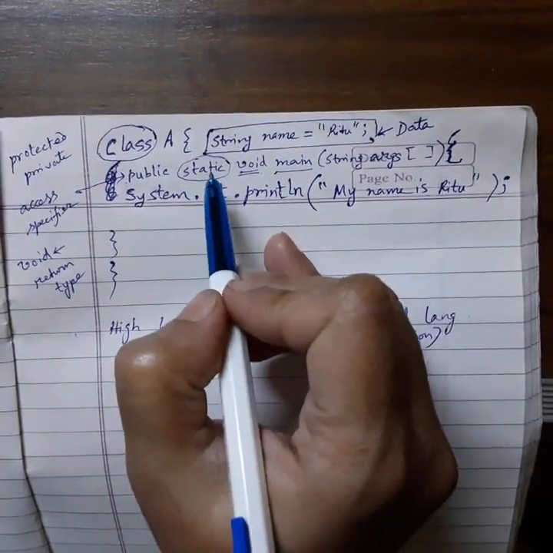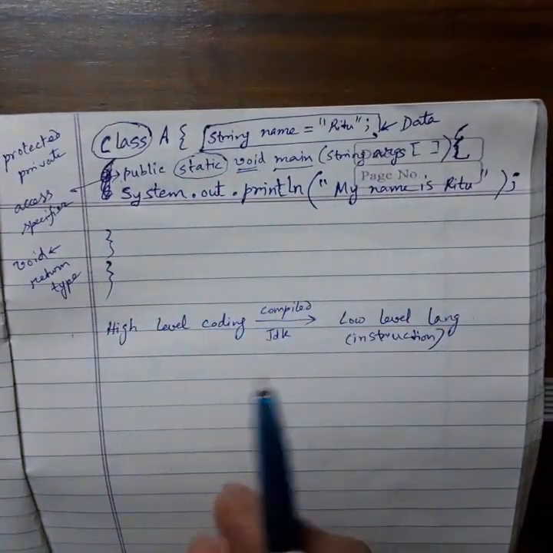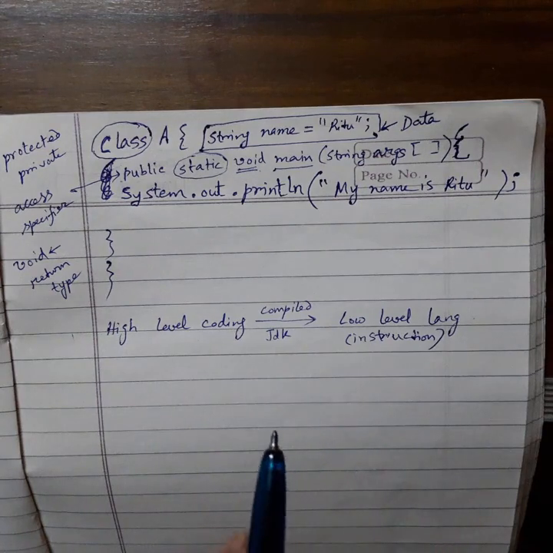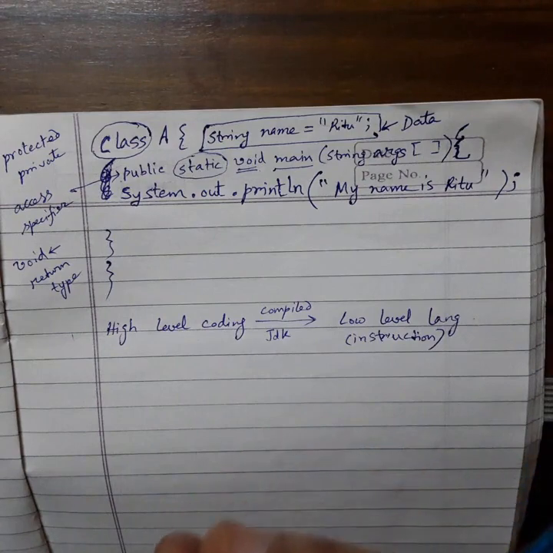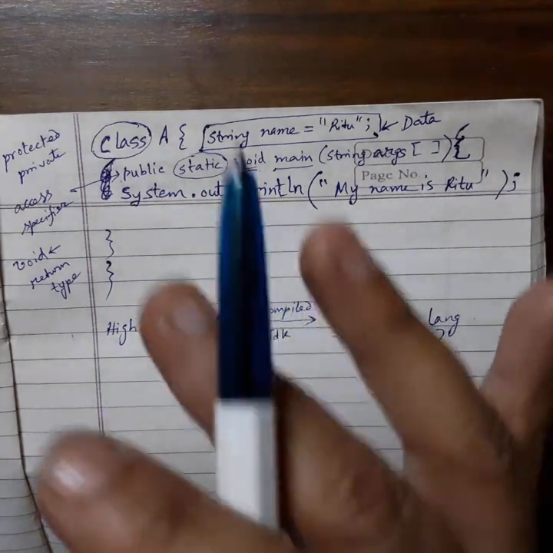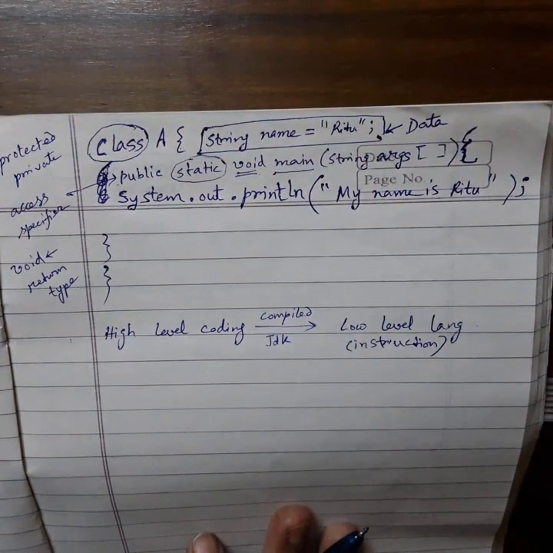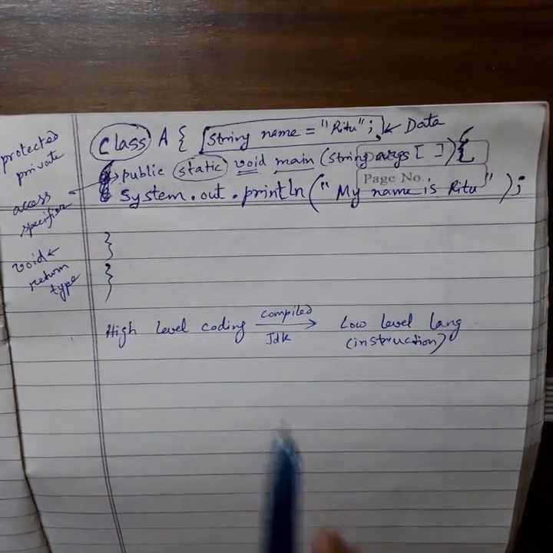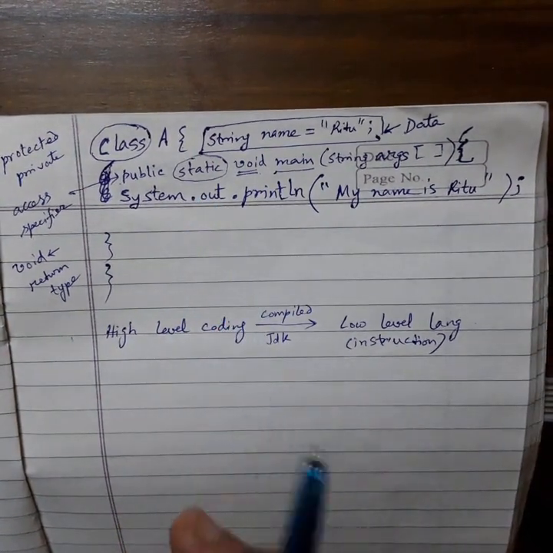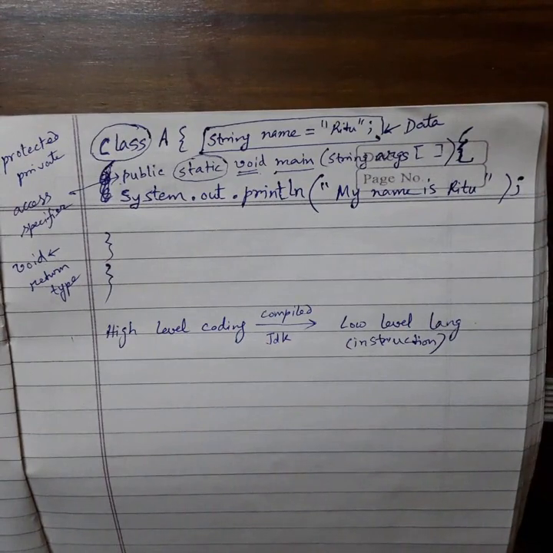Static. Static is a keyword that makes the element defined static belong to the entire class. Means that there are two ways to invoke a method.